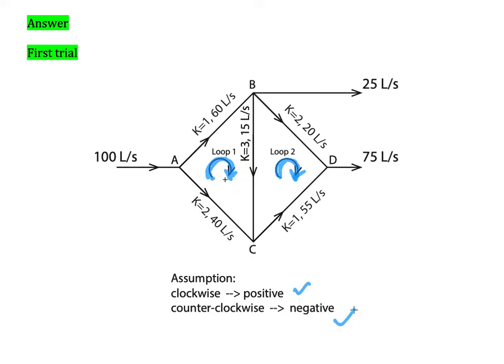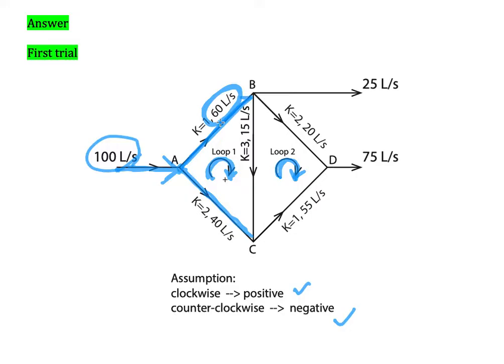Then we need to predict the flow rate. For example, the inlet here is 100 liter per second. So it's split into 2 here. Let's say I predict the flow rate for A to B here is 60 liter per second.